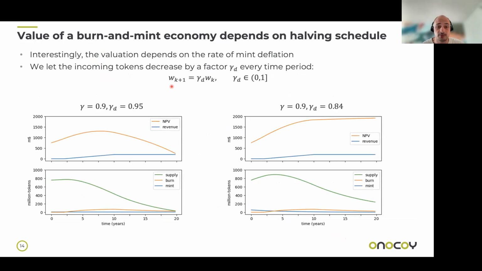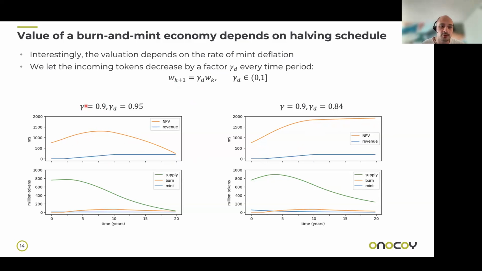I was just doing simulations and playing around with the deflationary factor to figure out what deflationary factor we should use for Onocoy. And I found that sometimes you choose one and the value of the economy collapses. Sometimes you choose another one and it stabilizes. What gives? I'll explain what gives in a second. But that's what we see.